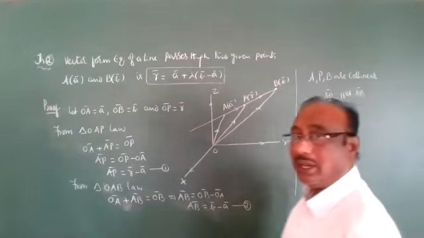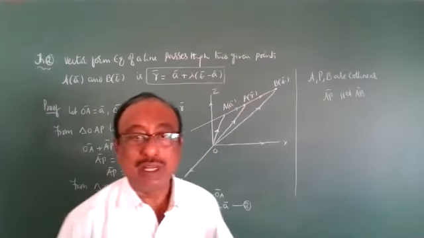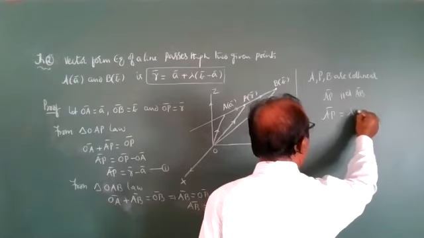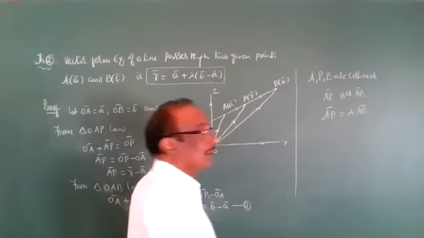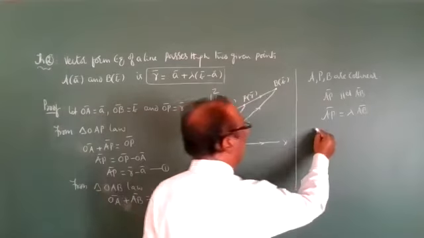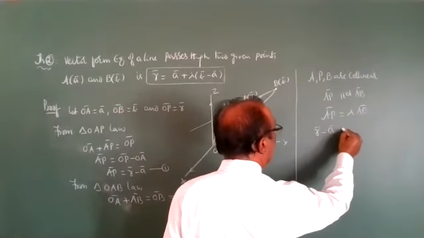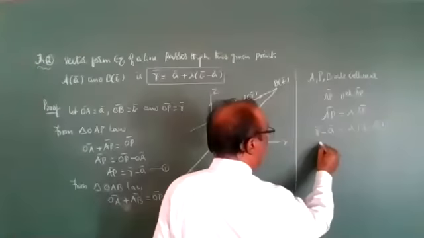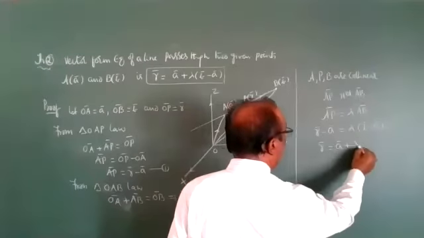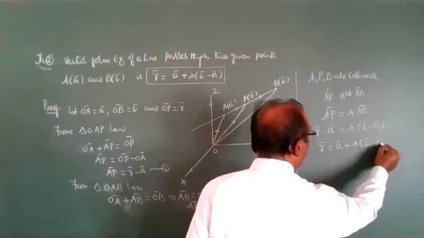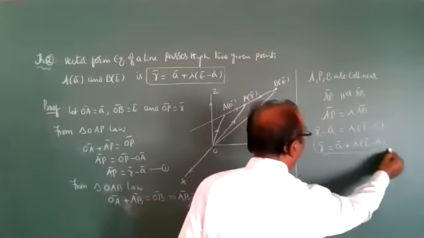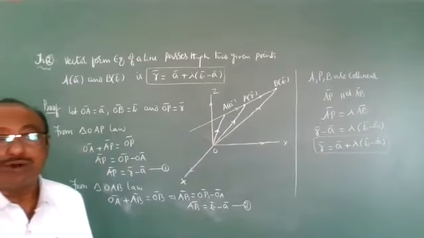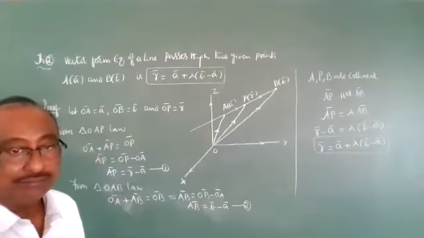Two parallel lines differ only by a constant, so AP bar is equal to some lambda into AB bar. From equation 1, AP bar is R bar minus A bar, and AB bar is B bar minus A bar. So R bar is equal to A bar plus lambda into B bar minus A bar. This is the vector form of the equation of the line.